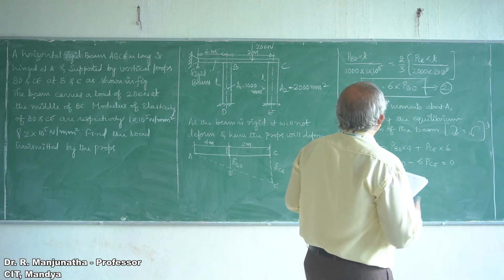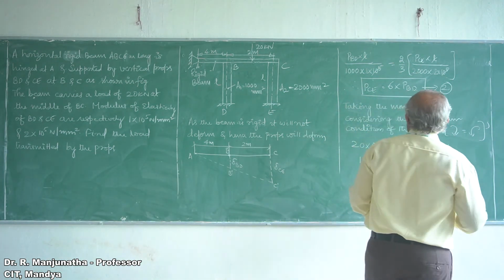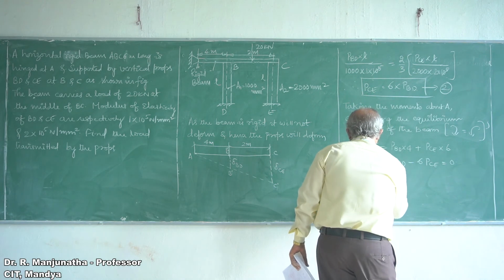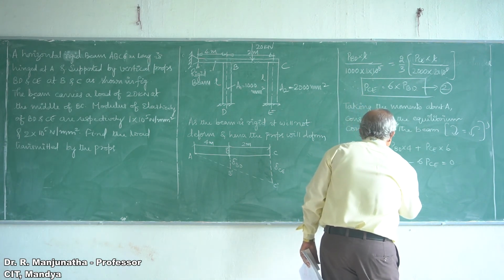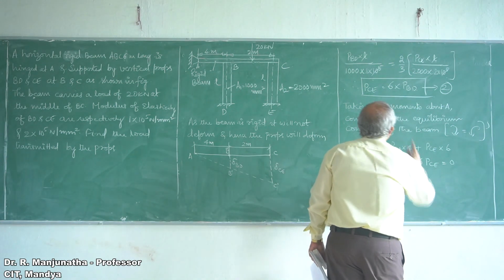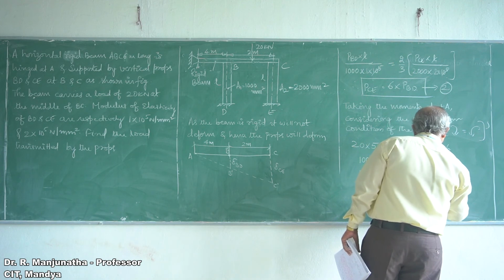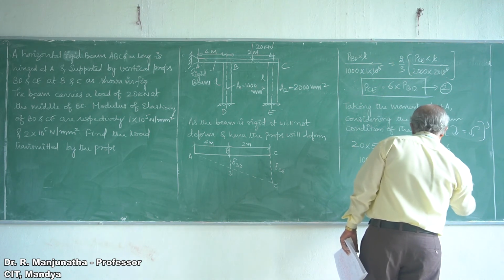We have the PCE value equal to 6 times PBD. So 100 minus 4 PBD minus 6 into the PCE value, 6 PBD, will be equal to 0.